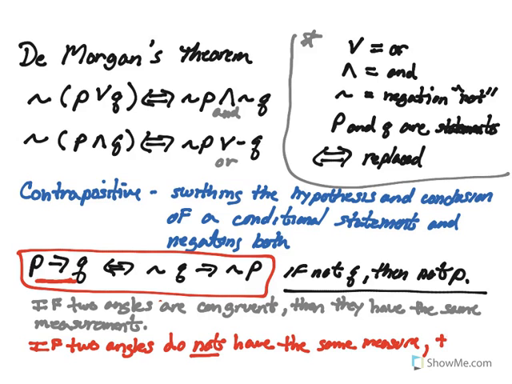Then they are not congruent. So you switch the P and the Q and make them both not, and you can do that with any statement and you'll get the contrapositive.